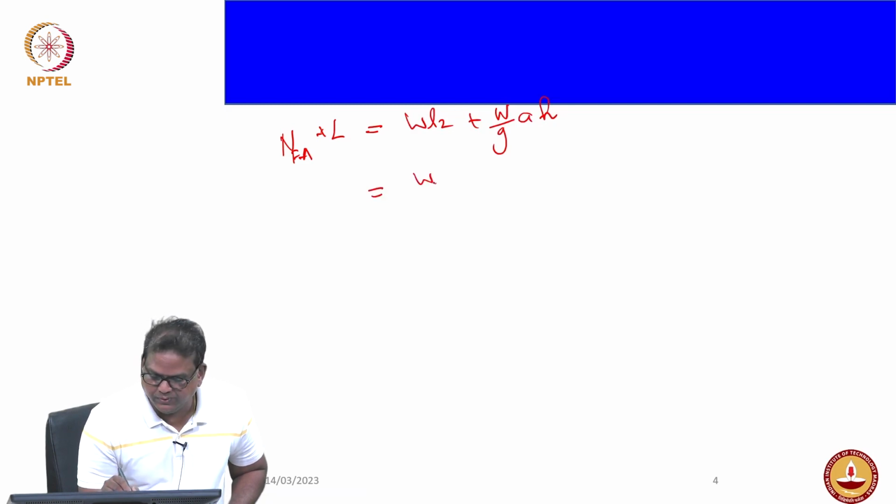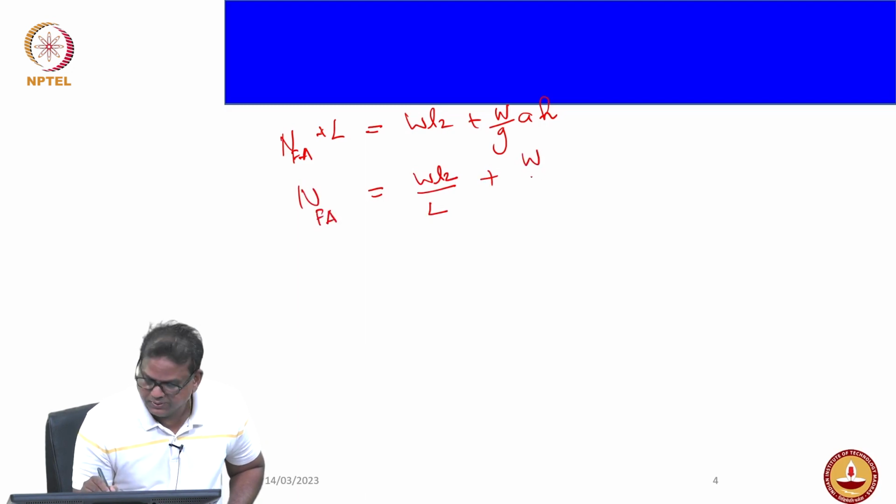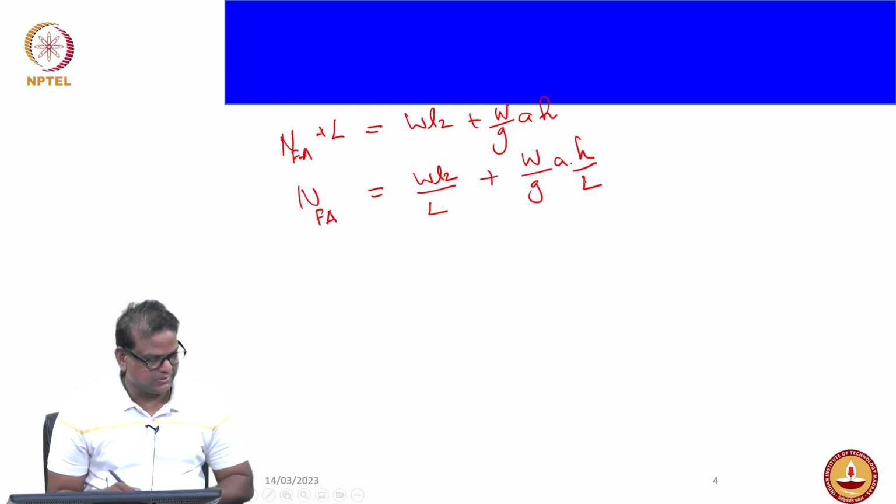So, this is WL2 by L. I will simplify that even more. Take the NFA as WL2 by L plus W by G A H by L.